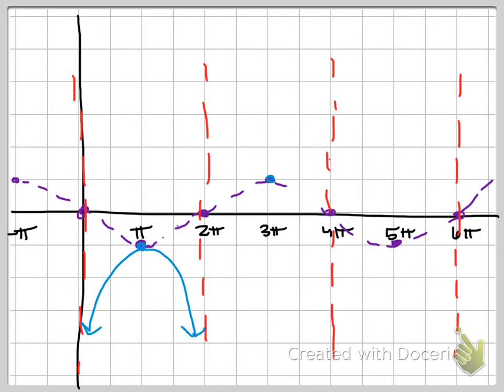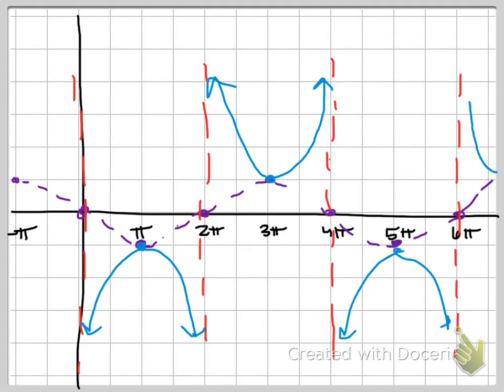Up here, we put a dot on our maximum, and we are going towards the asymptotes. Same thing over here. This one will just look like a half of a U, and this one will also look like half of a U. Obviously, if we graph more of the period, you would see the rest of the U.